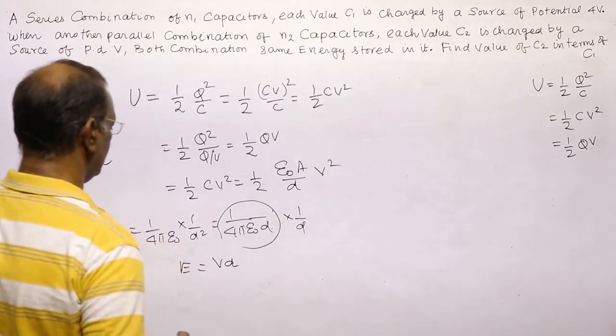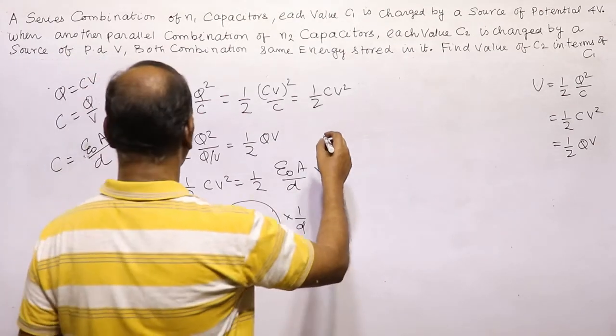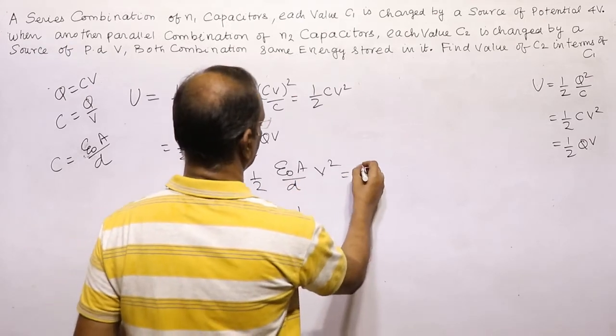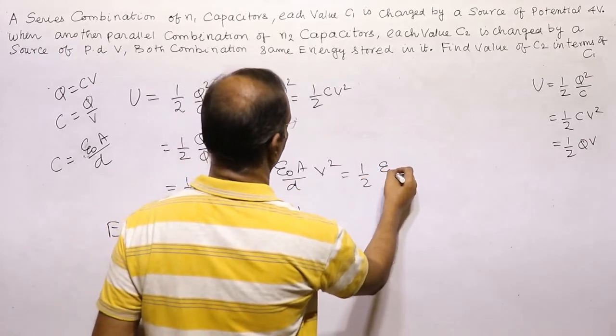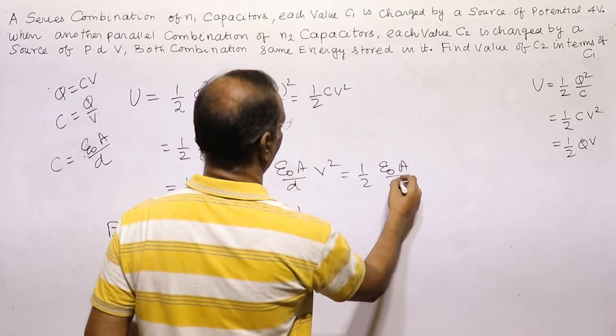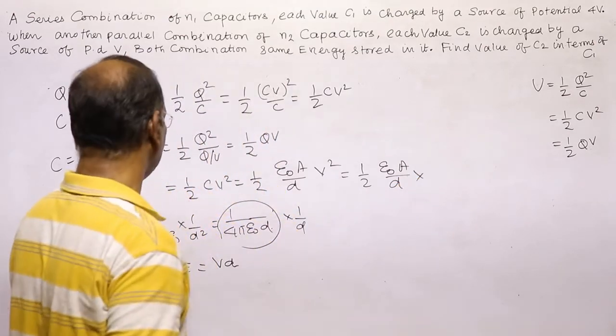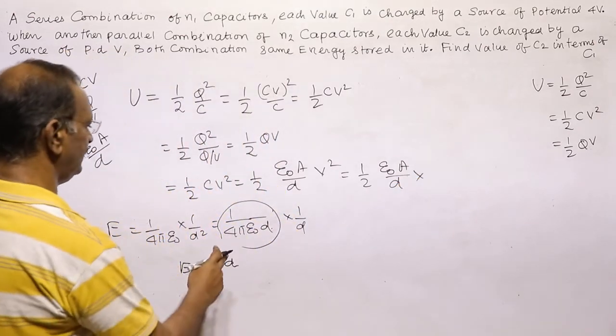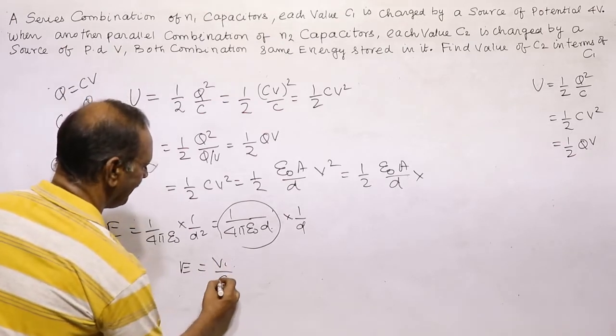Therefore the energy is equal to half into epsilon naught into A by D into V square. What is the electric field?